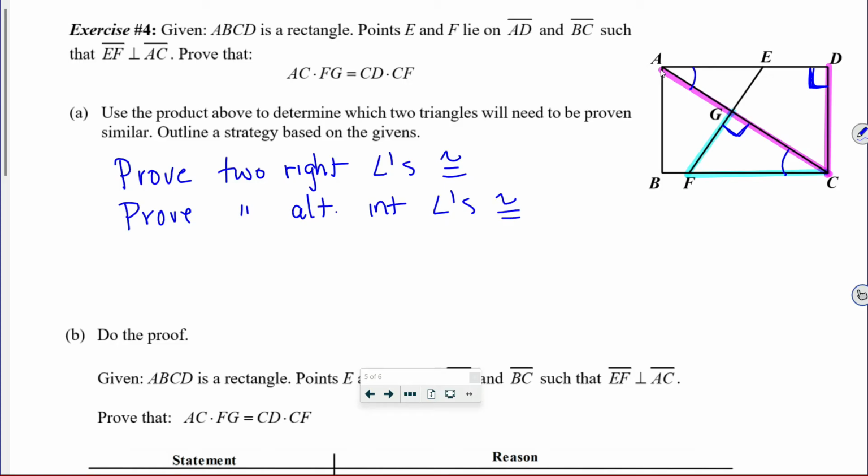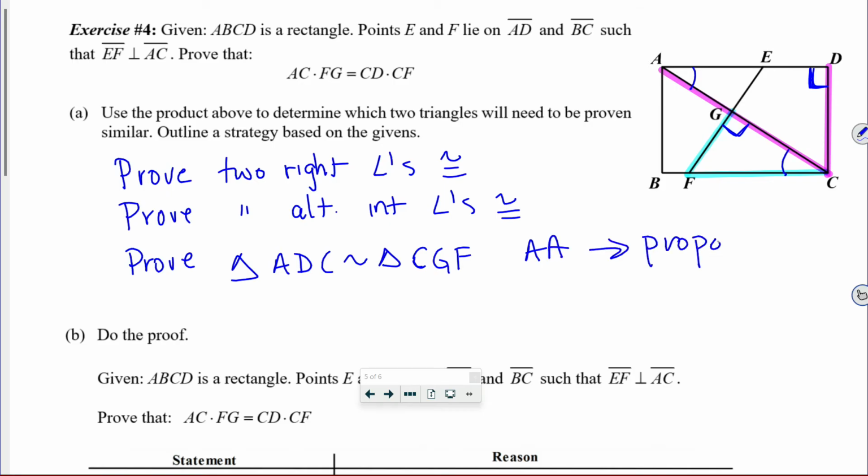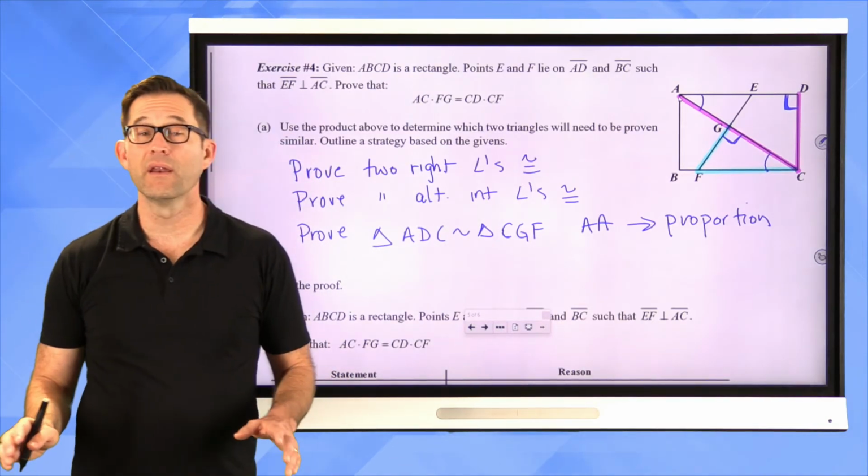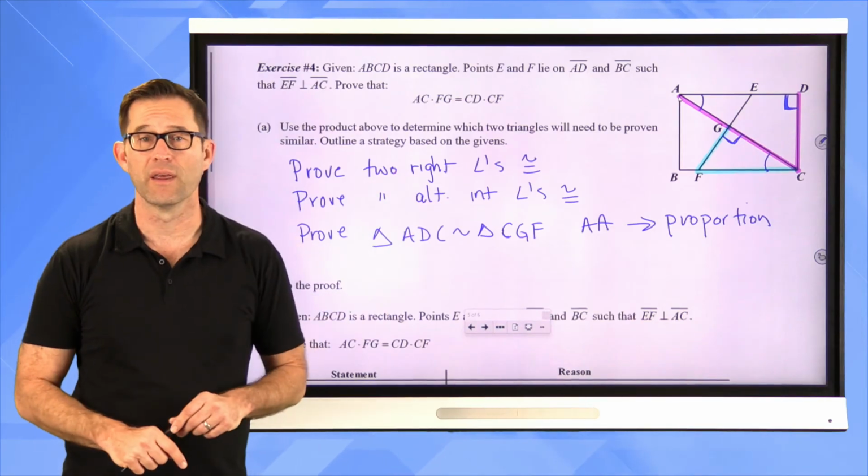Then using that, we're going to prove that triangle ADC is similar to triangle CGF, by angle-angle. And then we will get the proportion we need, and then we'll cross multiply to get the product we need.